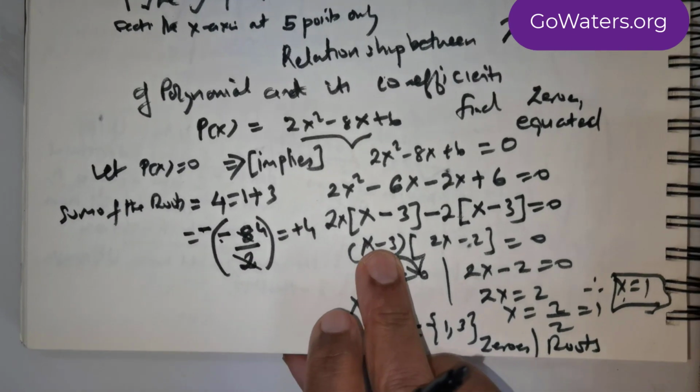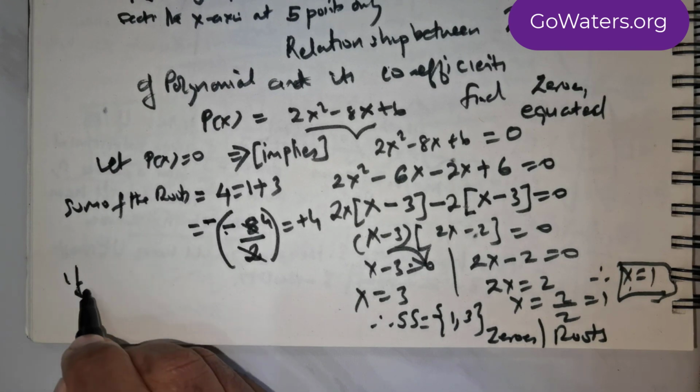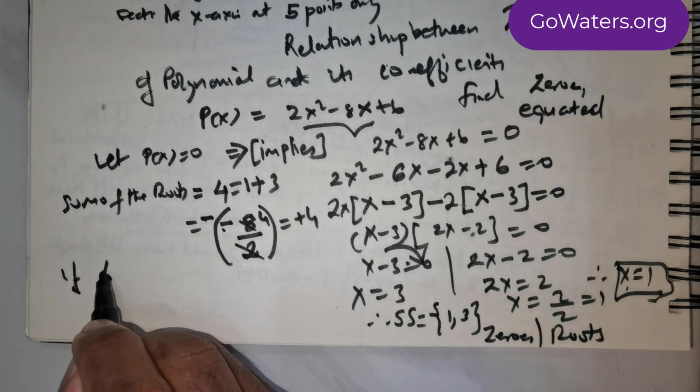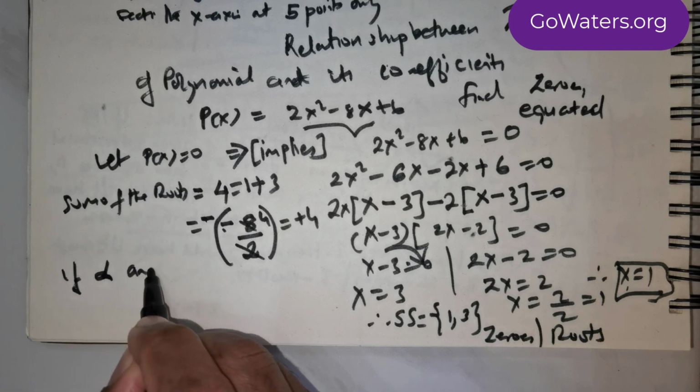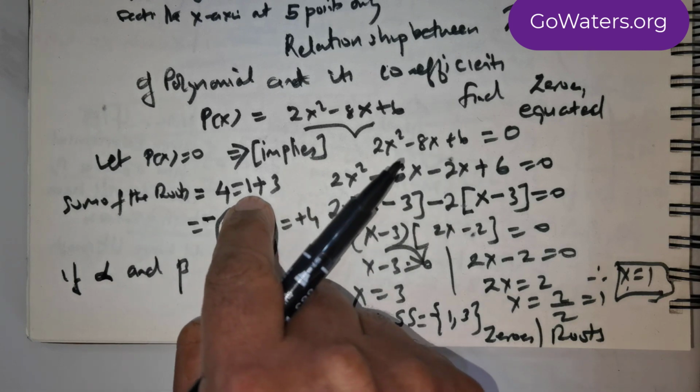So there is a formula. What is the formula? Just imagine if alpha and beta, when I say alpha and beta, I'm talking about 1 and 3.